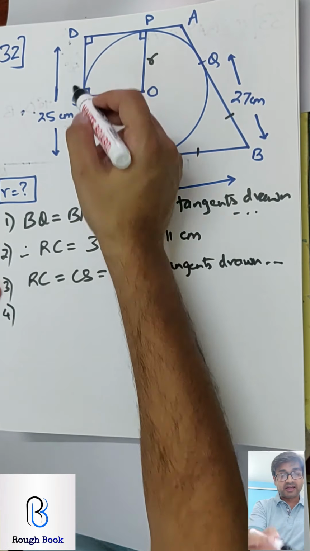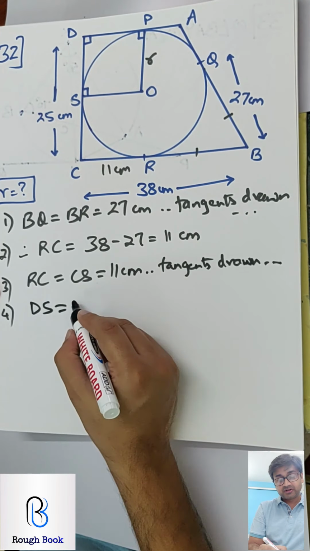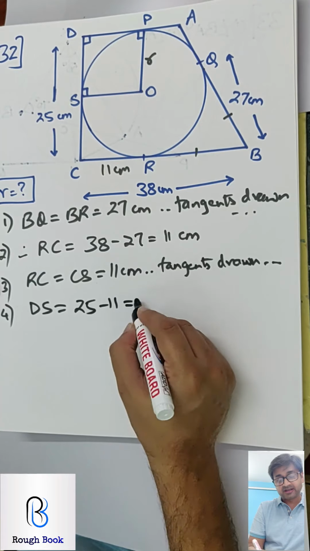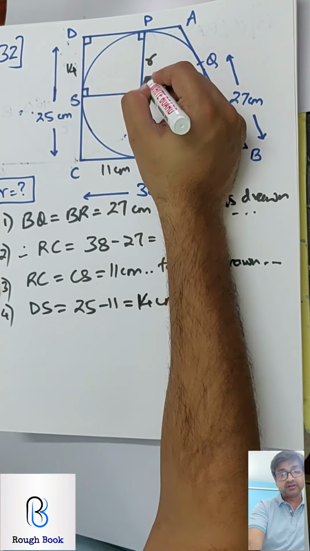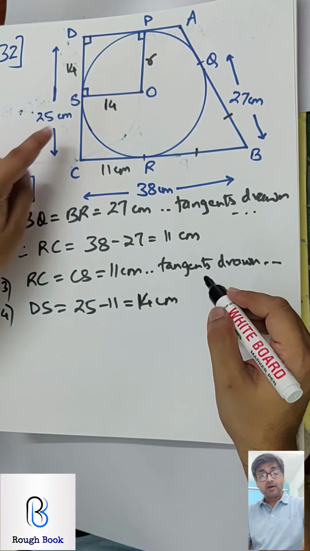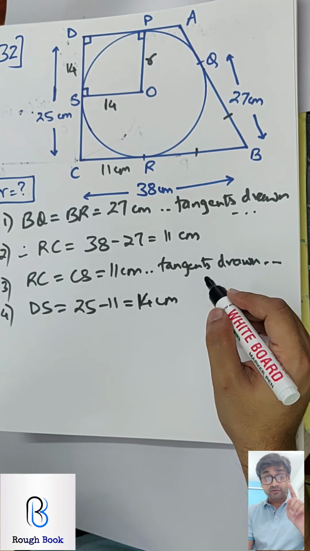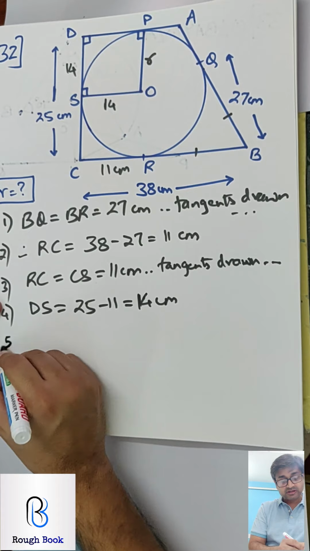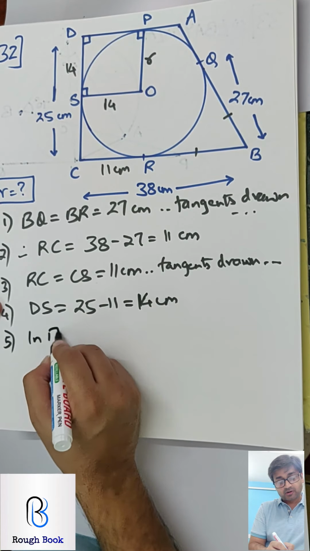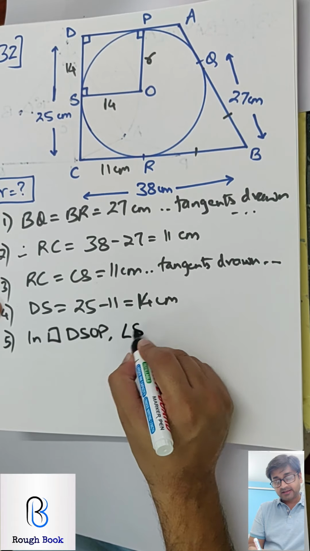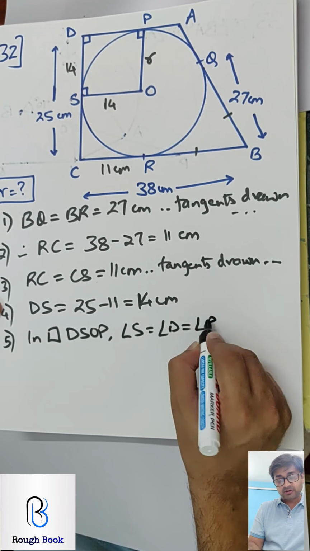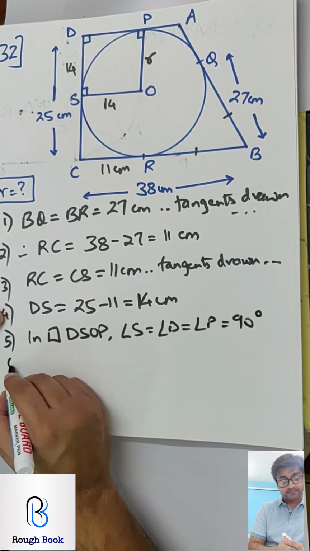Now if this is 11, I can easily find DS. So DS will be 25 minus 11, that is 14. So if this is 14, this also will be 14. Why? Because this is a square. So you have to prove that it's a square first. So let's do that. We will say in quadrilateral DSOP, angle S equals D equals P equals 90.